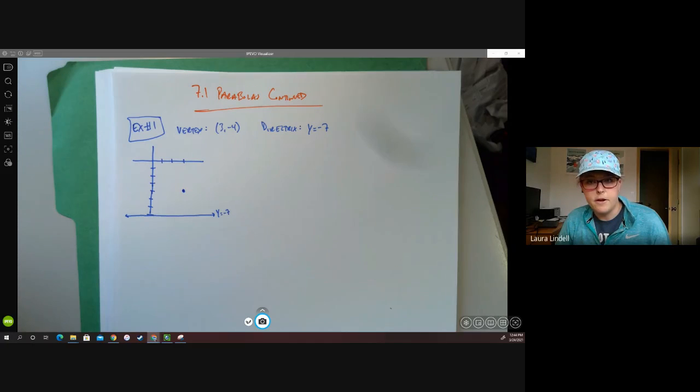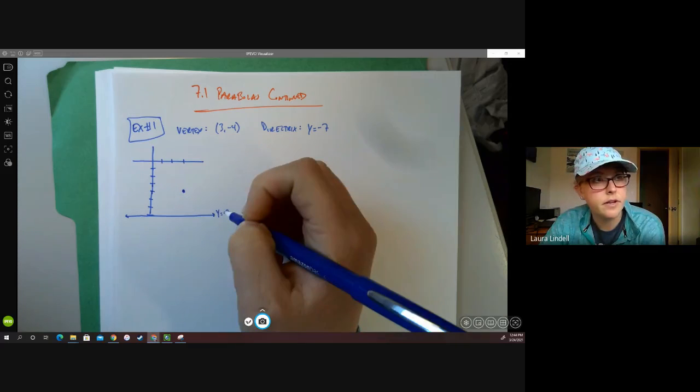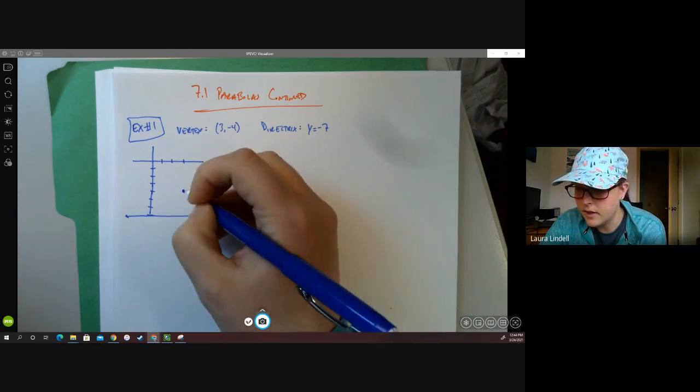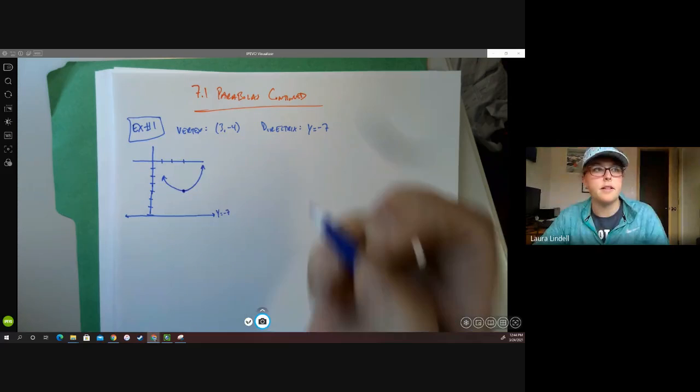All right, we got a vote for up. Anyone else? Opinions? Yep, I agree. This thing is going to open up. We know that because the vertex here is above the directrix, and the directrix is a horizontal line. So we know that this thing is going to look something like this.